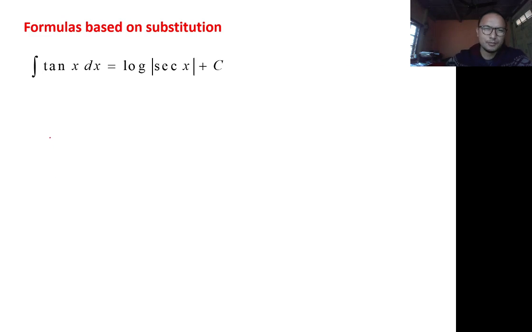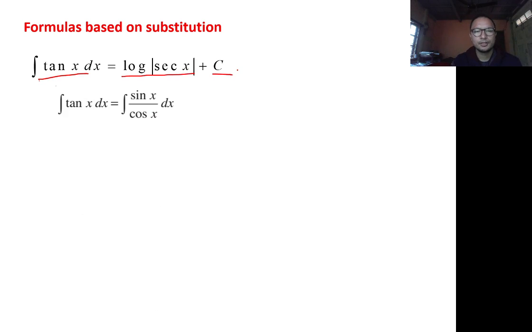Now formulas based on substitution. Integration of tan x is log of modulus of sec x plus c. Let's see. tan x is sin x divided by cos x, right?